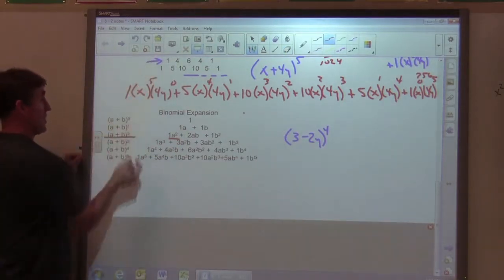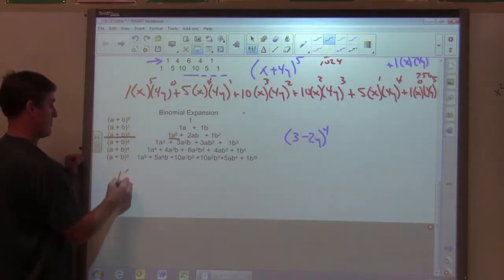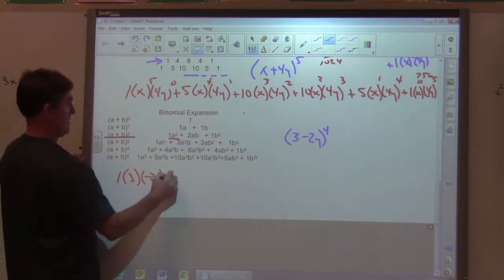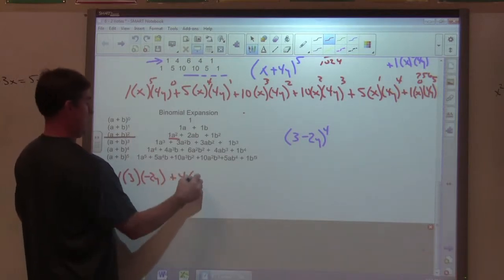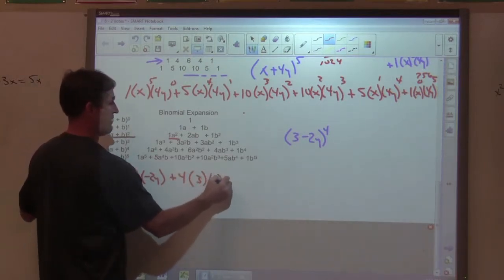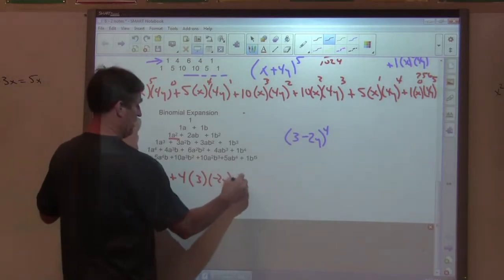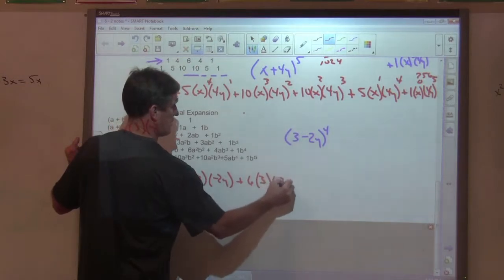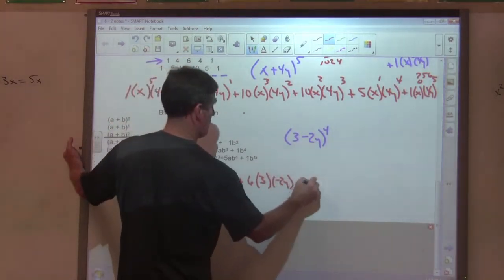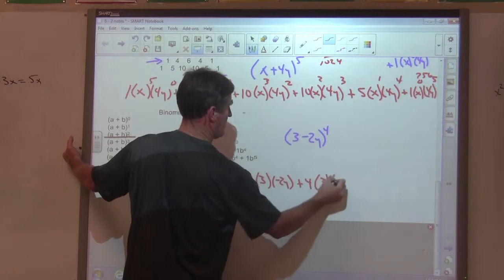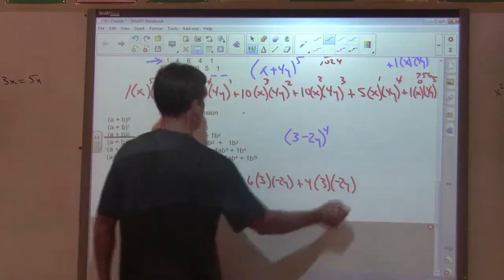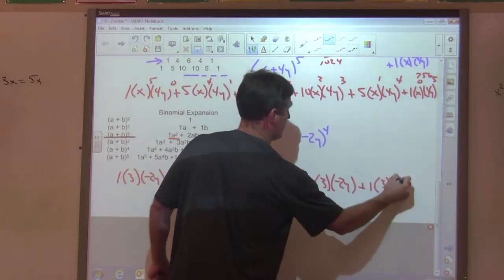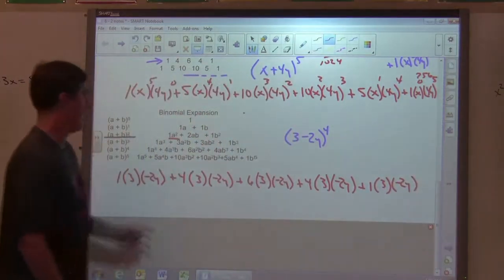So my first coefficient is 1, 3, negative 2y, plus 4, and then 3, and negative 2y, and then plus 6, and 3, negative 2y, and then plus 4, 3, negative 2y, and then 1, 3, negative 2y, and now I just put my powers.